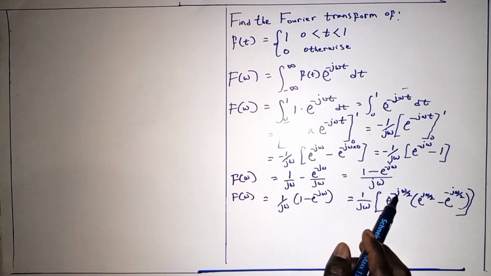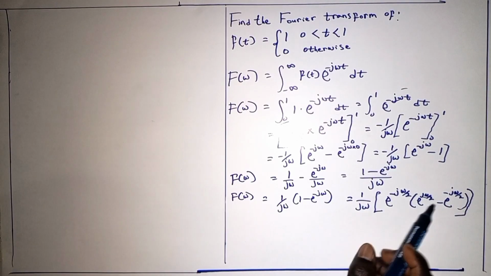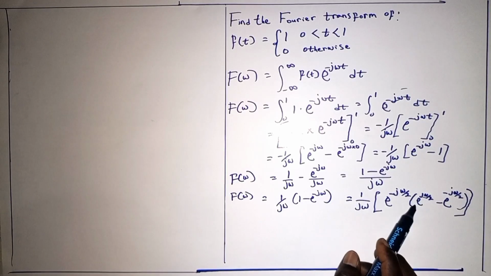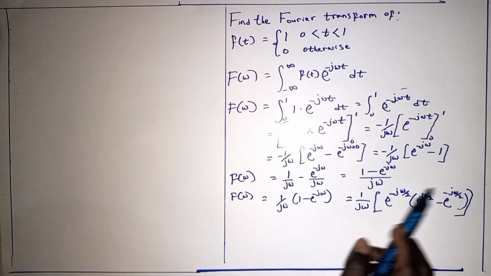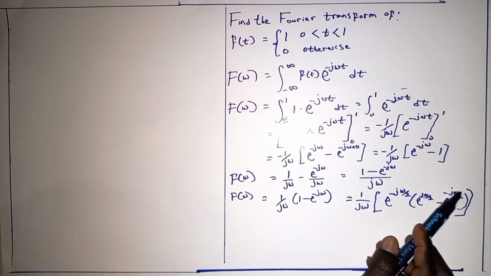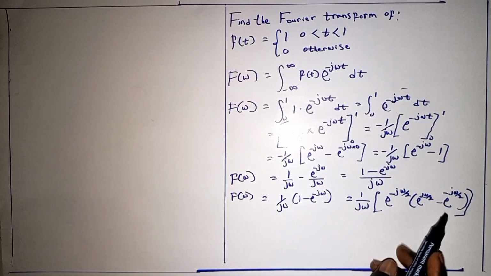So by the time we try to expand this back, exponential minus jw over 2 times this will give us 1, because jw over 2 plus jw over 2 will be 0. Then into power 0 is 1. Then this will give us minus jw, just like half plus half will be 1. So that's what I did here.